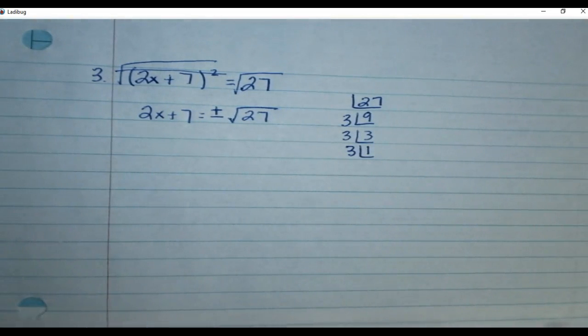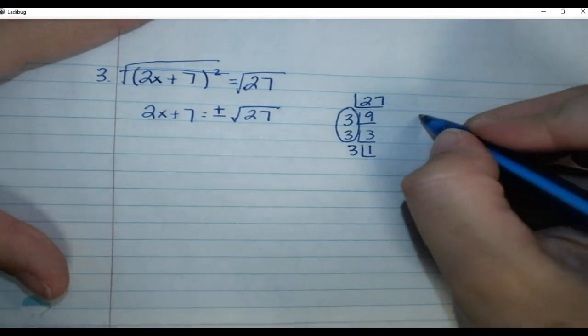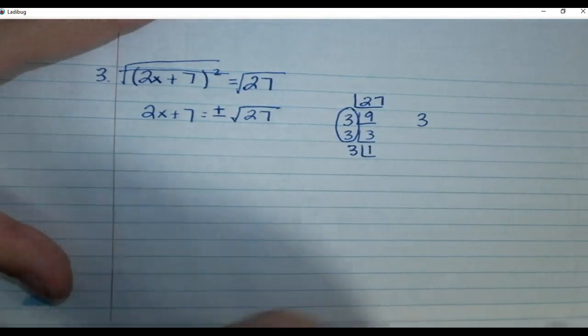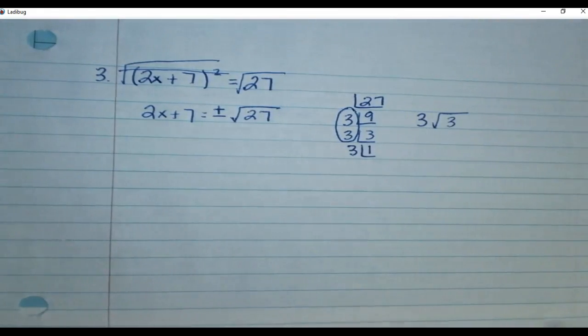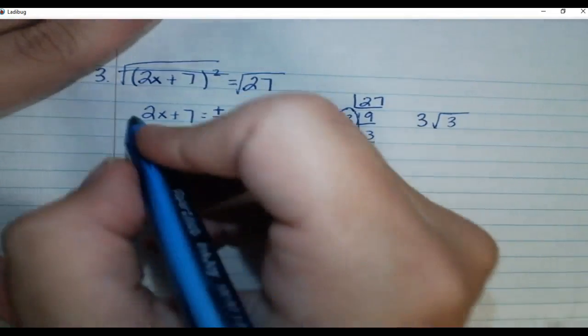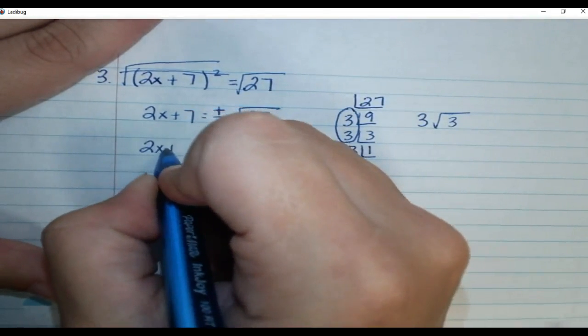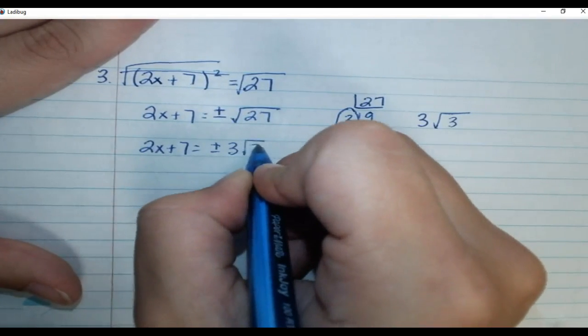So do I have a pair? Yeah. Pair of 3's. So 3 comes out. But then this little 3 is all by itself, so he stays inside. Okay. So we do this to rewrite it here. So now I have 2x plus 7 equals, still plus or minus, 3 square root 3.